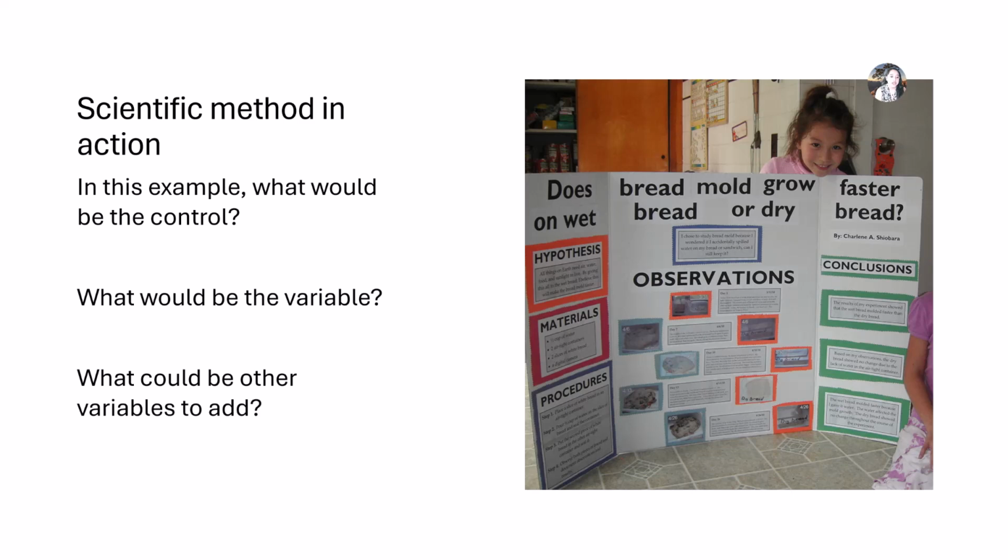So the variable that she's changing would be whether the bread is wet or dry. She would have a control of dry bread that you're not really changing anything to. And then she would change one thing, and that would be the bread being wet. So that would be the variable, and then the control that you're comparing to, that you don't change anything on, is the dry bread.